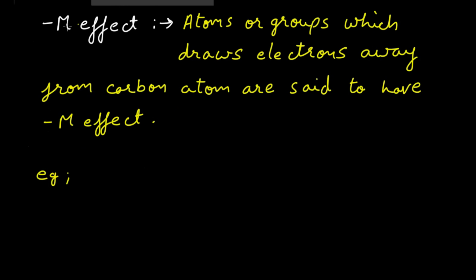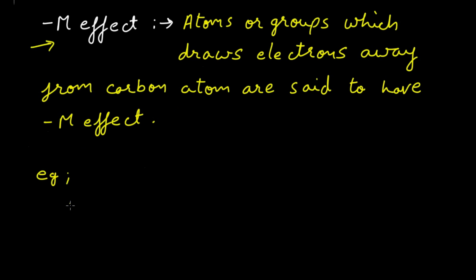Minus M effect. Atoms or groups which draw electrons away from carbon atom are said to have -M effect. Those atoms which draw the electrons away from carbon atom will show -M effect.